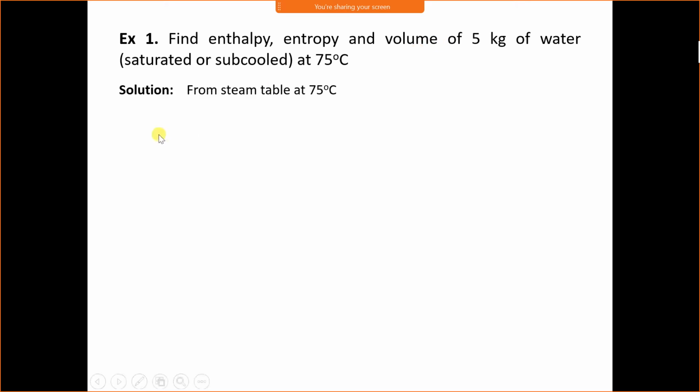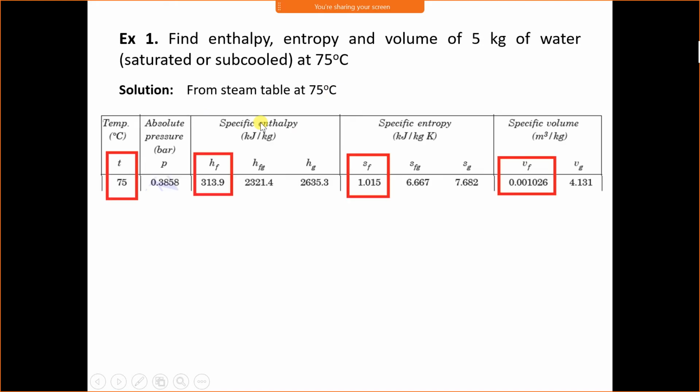From the steam table, which we have already seen in the last lecture and we know how to read, I have taken a snapshot of the steam table at 75 degrees Celsius. Look here, temperature is given. If water is given, we want either pressure or temperature to check the properties.